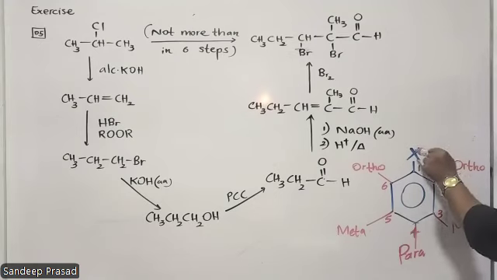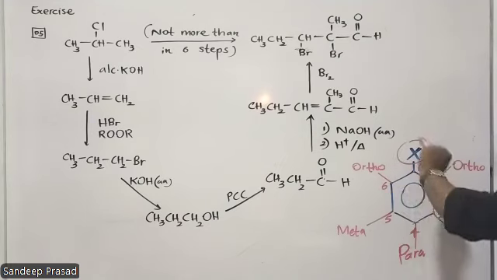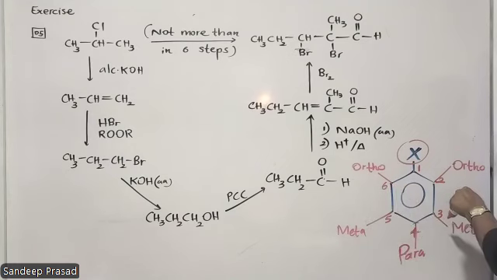So now we have to decide whether this capital X group is directing the second group to the benzene ring, to which place the first group is directing the second, whether it is ortho position, meta position, or para position. So that is known as what?